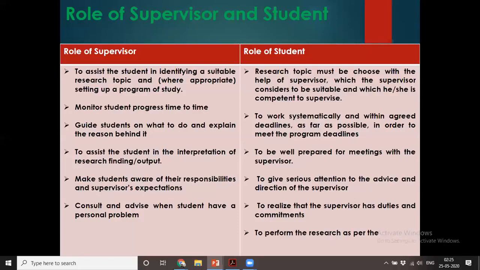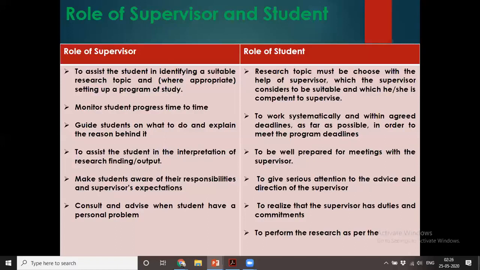If you see the supervisor's perspective, he must assist his research scholar to choose a suitable research topic, then monitor the student's progress from time to time. In any institution, those who are doing full-time research have to give a presentation every 6 months: what they have done in the last 6 months, and what they will do in the next 6 months.